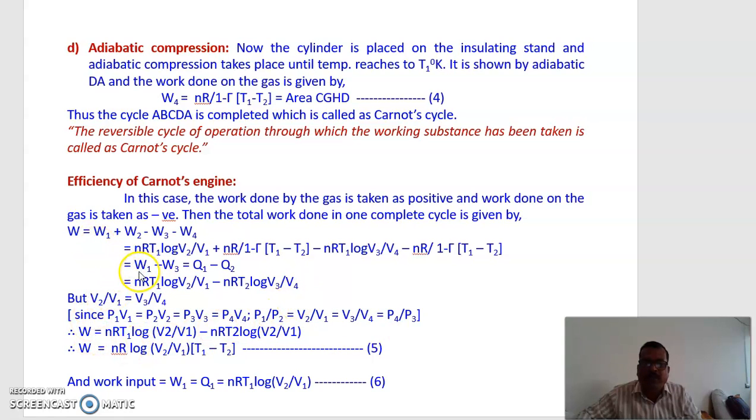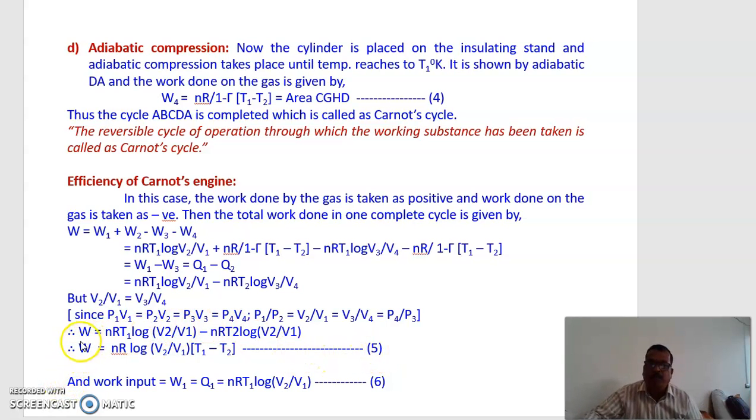Therefore, this W can be written as W equal to nRT1 log of P2 by P1, P3 by P4 च्या ऐवजी P2 by P1 घ्या, minus nRT2 log of P2 by P1. Therefore, W equal to nR log of P2 by P1. nR कॉमन काढला, nR log of P2 by P1 कॉमन काढला, इंटू ब्रॅकेट काय राहील, या ठिकाणचा T1 आणि या ठिकाणचा T2, T1 minus T2, which is suppose equation.